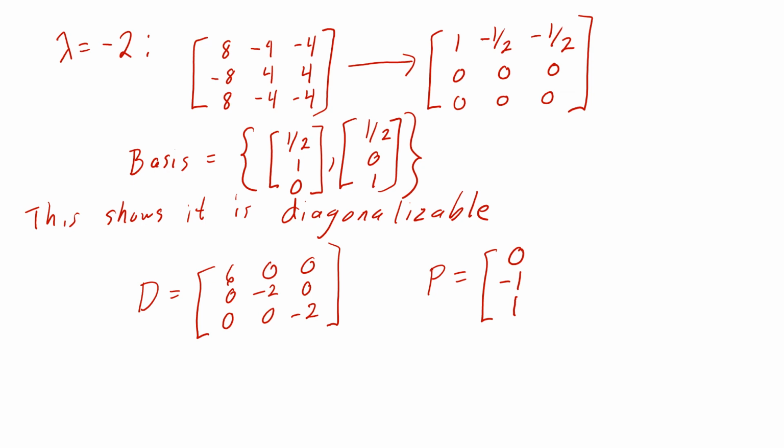The basis had dimension 2. So the next two columns are those vectors. Doesn't matter what order you put them in. Okay? But here is your D and your P. So the theorem says that they are diagonalizable, and it also gives us our matrices.